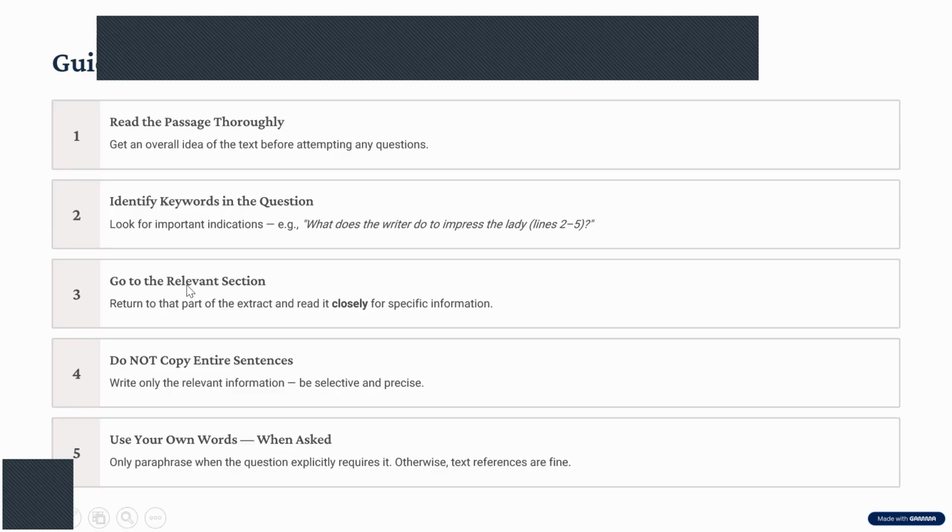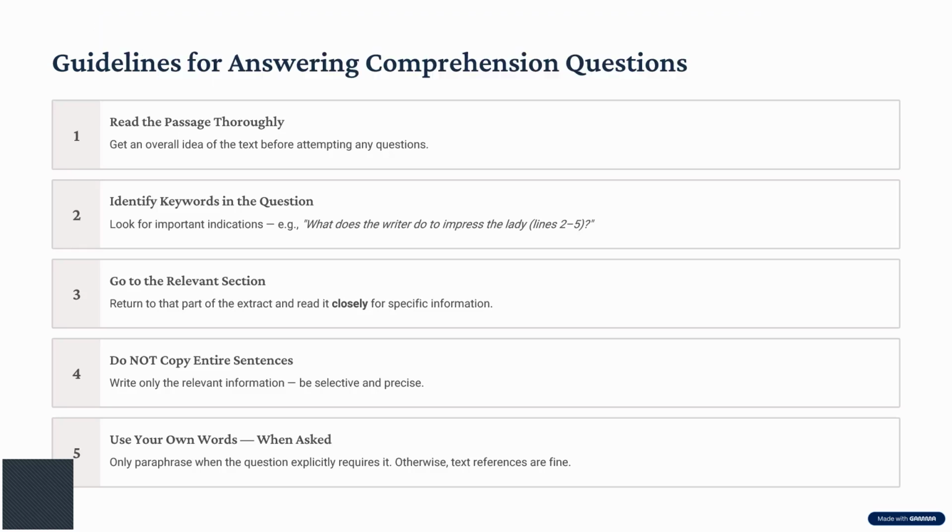Once you have located, you look for the relevant information by doing close reading. This time you read these lines very closely, and once you have identified your answer, please do not copy entire sentences. I have millions of times come across answer scripts of my students who simply blindly copy the entire sentences without understanding whether those sentences answer the relevant question or not.